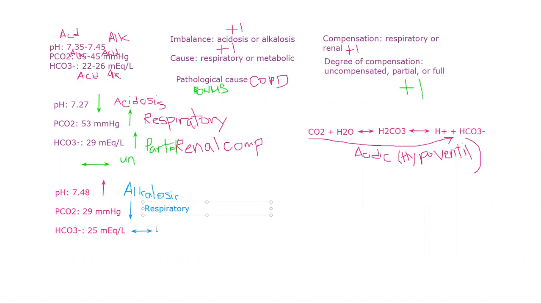And then we would look, because it's respiratory, that it would be renal compensation. But we can see that our bicarb level is unchanged, and so we're going to have uncompensated. So this would be uncompensated renal. Okay, or actually, I like it if you put it this way better, no compensation.